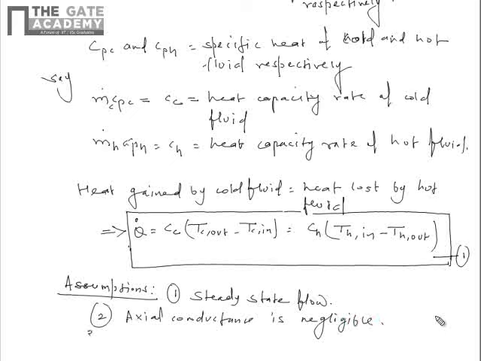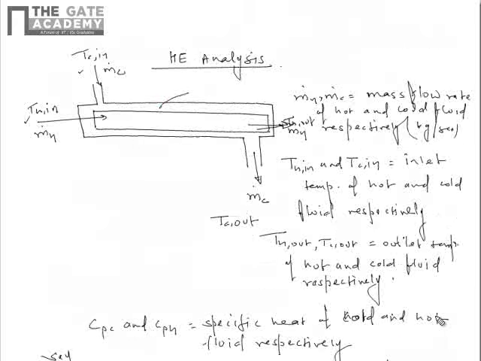And the third one is outer tube surface is insulated, or we can say perfectly insulated. There is no heat loss to the surrounding. Okay, so this surface is insulated, this one and this one also.